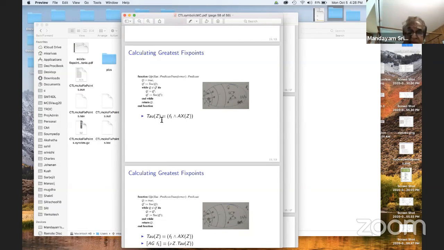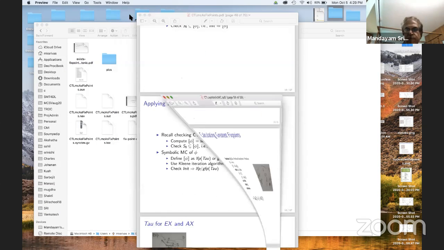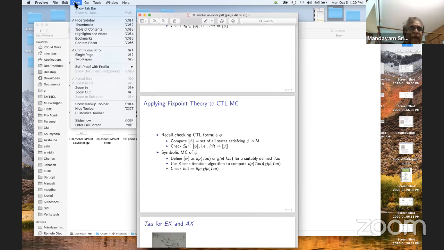But even for the finite state case, tying all the algorithms together and looking at them as fixed points of appropriately defined predicate transformers is a nice way to understand those different algorithms, and that's why it's interesting. So I switched to this set of slides only to show this algorithm. That's all. So I'll go back.